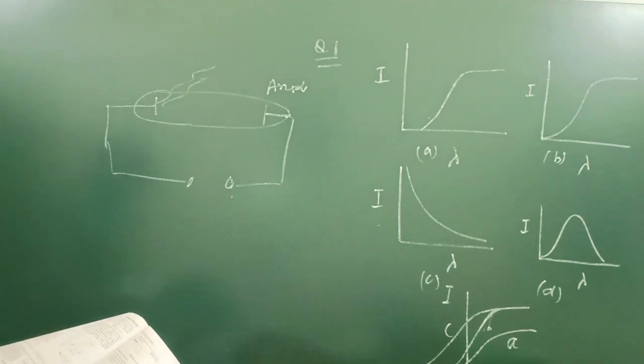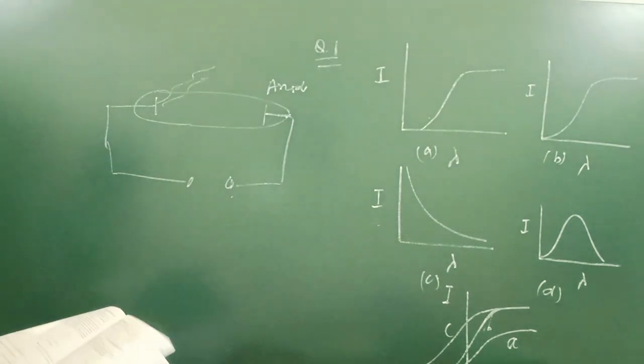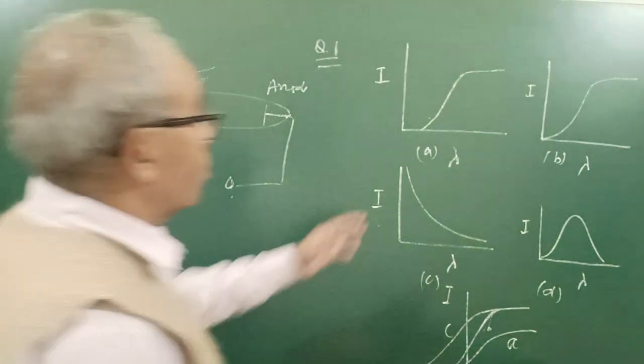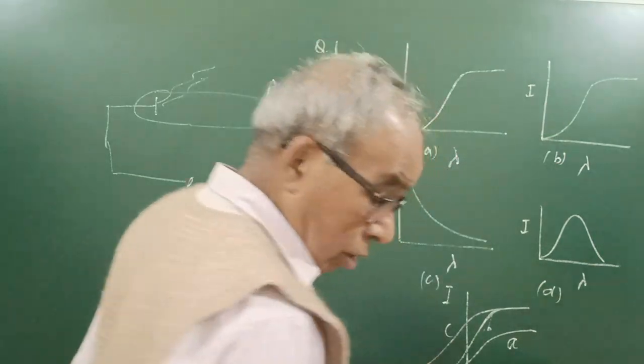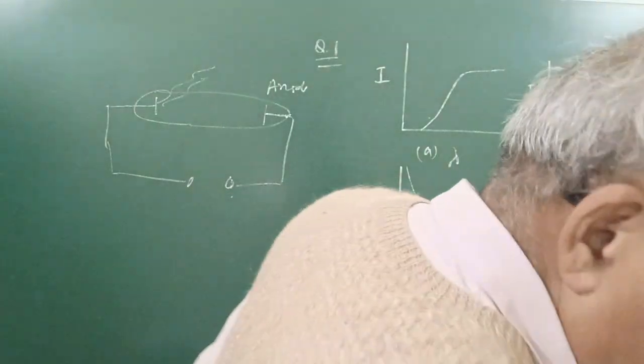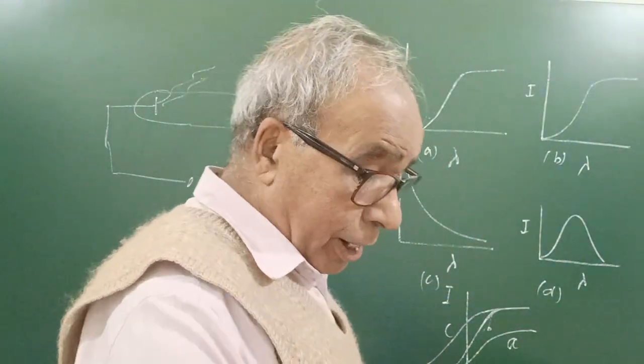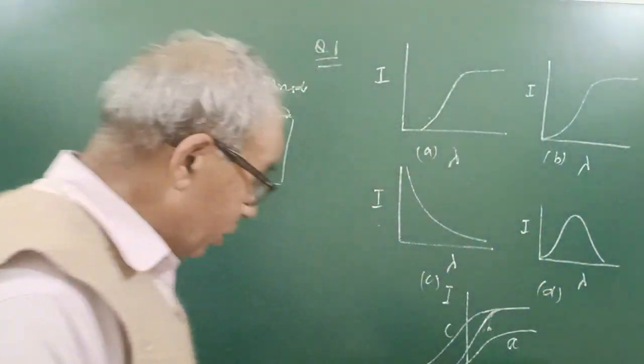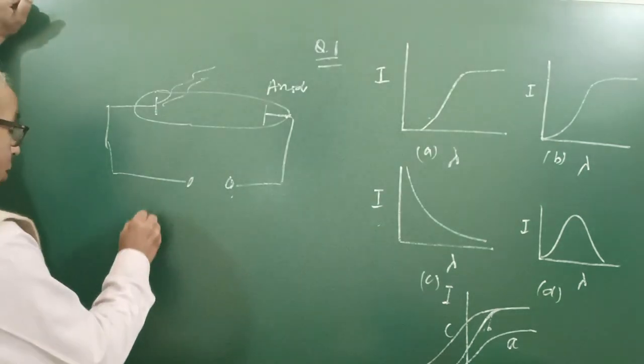Photoelectric current. Right? So photoelectric current will vary according to this graph or this. You know, for every metal there exists a lowest frequency below which there is no emission. That is called cutoff frequency.